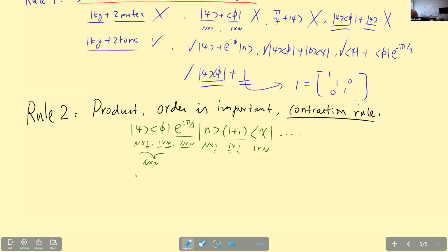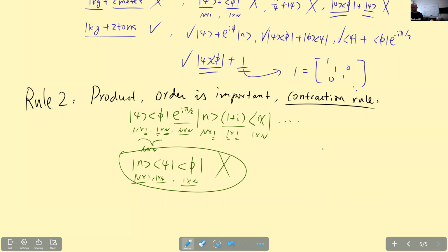So for example, this one is not allowed because this is n times 1, this is 1 times m, but this one is also 1 times m. So you cannot have a matrix product like this one. So this one is not a valid formula, okay. That's one thing.